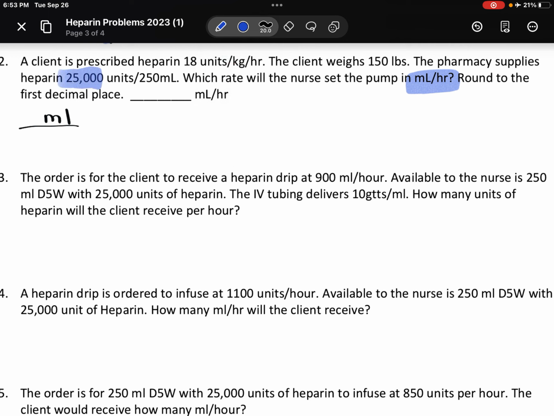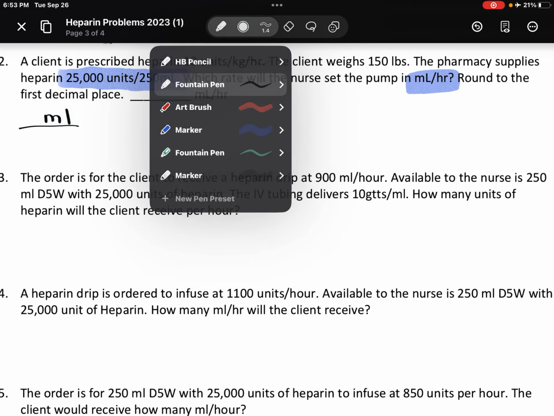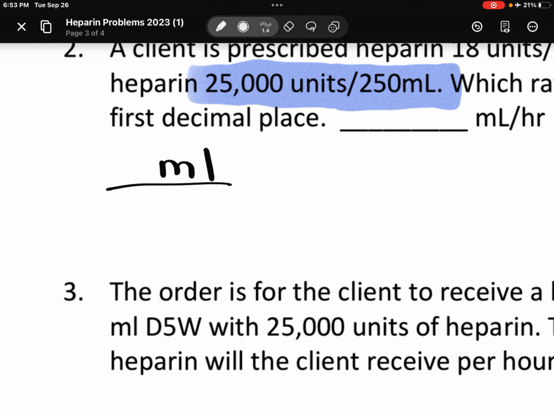Well, I know that I have 25,000 units per 250 milliliters on hand. So I'm going to tie that in down here. 250 over 25,000 units.